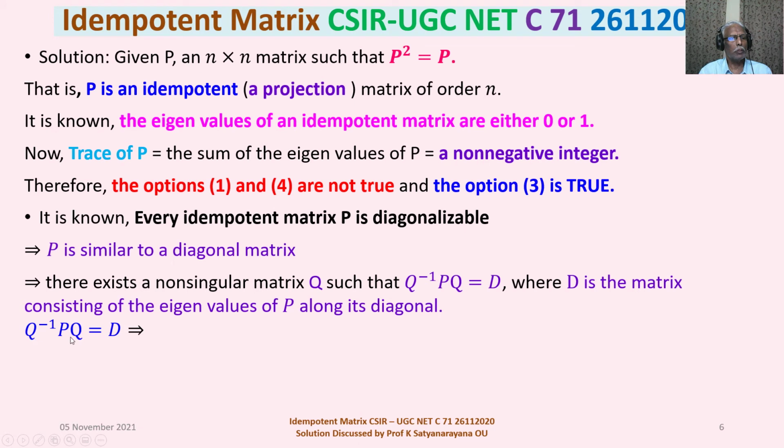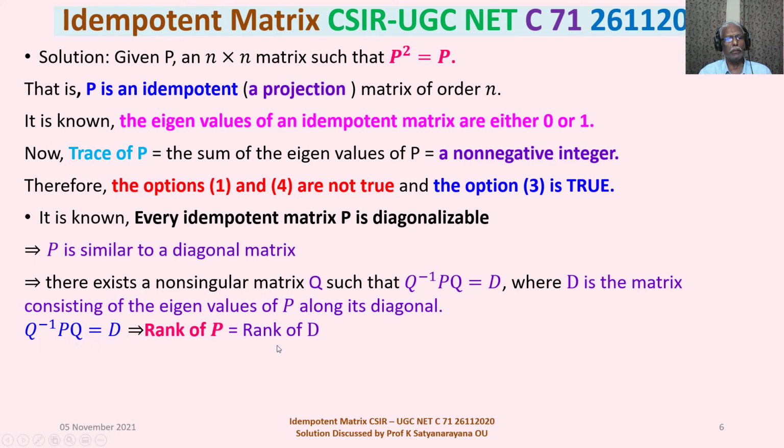Now Q inverse PQ is equal to D will imply rank of P is equal to rank of D, because P and D are conjugate, and P and D are similar. Similar matrices have the same rank.